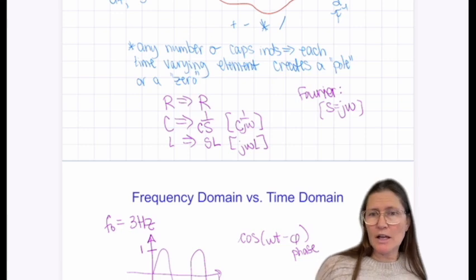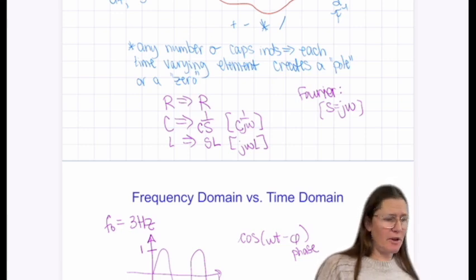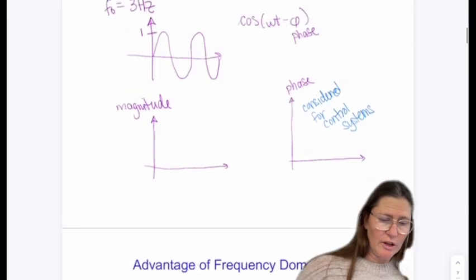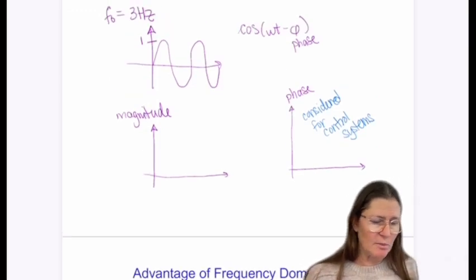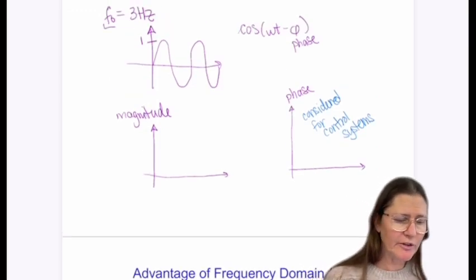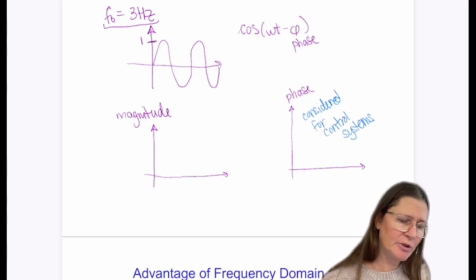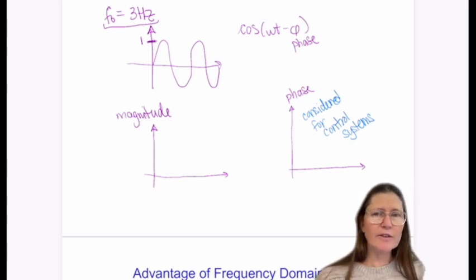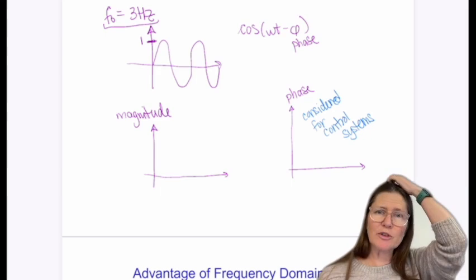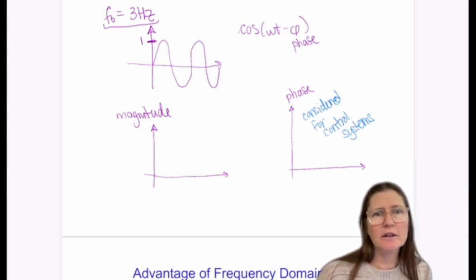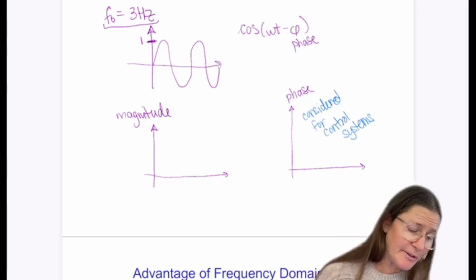All right, any questions so far about this? Okay. So now when we look at a frequency domain, say this signal is at 3 hertz with an amplitude of 1. We can describe it by cosine of omega t minus some phase. This one has 0 phase.